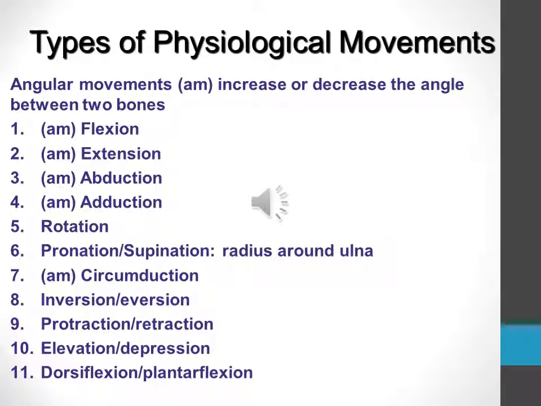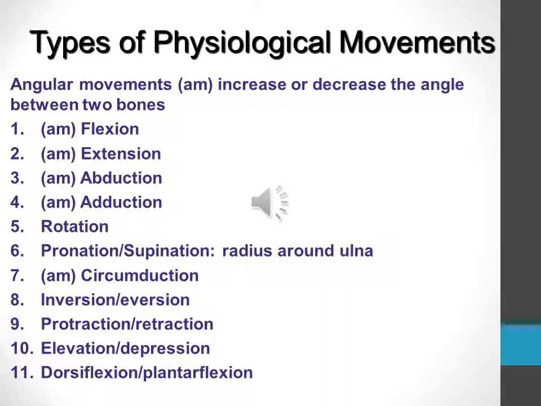Flexion, you're talking about decreasing the angle, bringing bones closer together. A lot of times you'll see bending along the sagittal plane with this. Extension is the opposite of flexion.